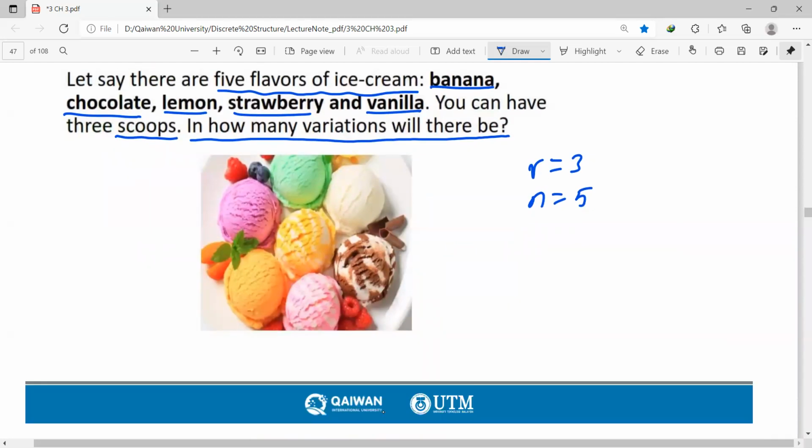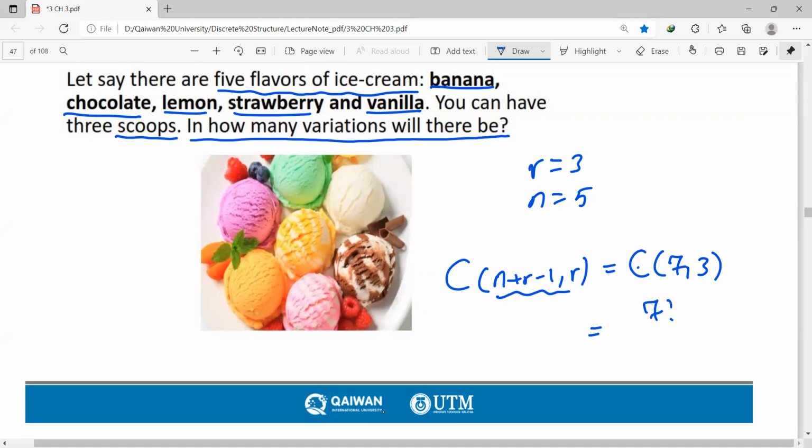Here the rule is C(n plus r minus 1, r) equals... Let me just write it down, replacing r and n by the values. n plus r is 8, minus 1 is 7, so C(7, 3), a combination of 3 of 7. It equals 7 factorial divided by 3 factorial times (7 minus 3) factorial.